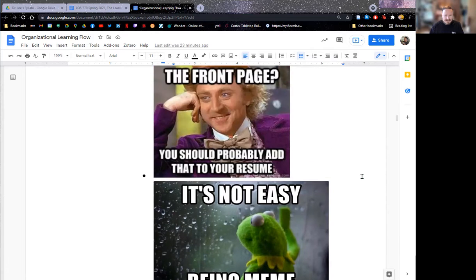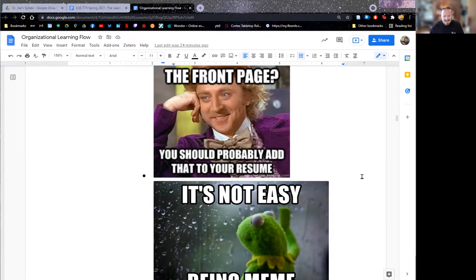Obviously, we all have different interpretations, but the first one is, oh, the front page. If your meme makes the front page, that means it has something to do with what's resonating with people in the current moment. And then the condescending part of, oh, you should put that on your resume, speaks to the voice of the imposter in the PhD students that is coming through.